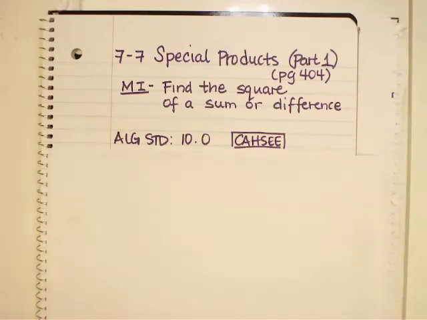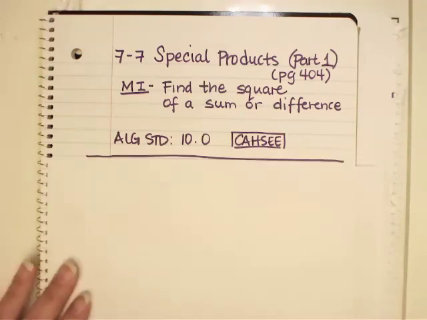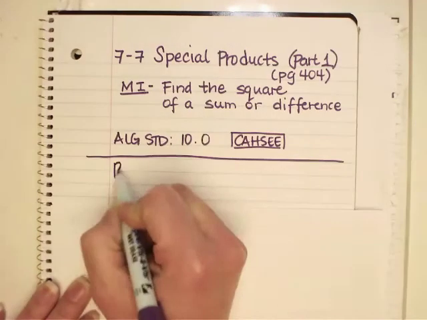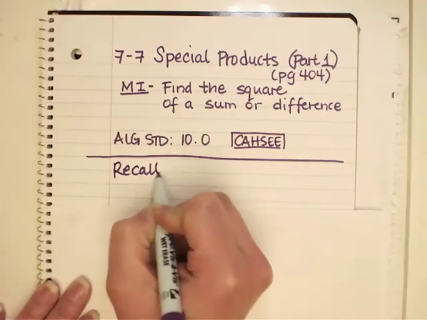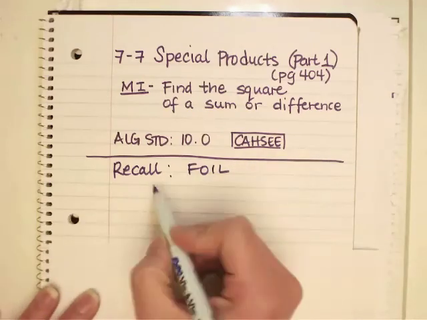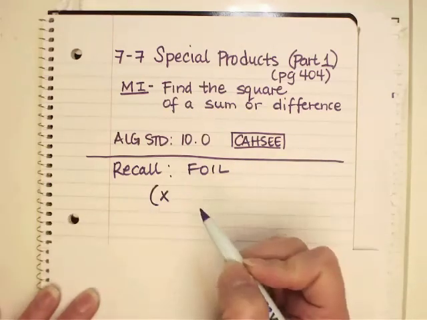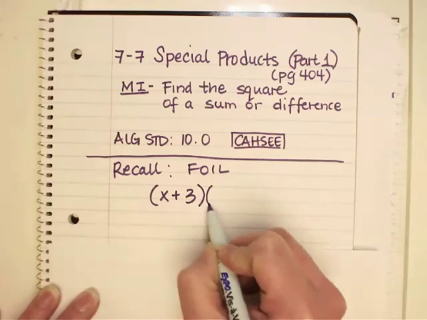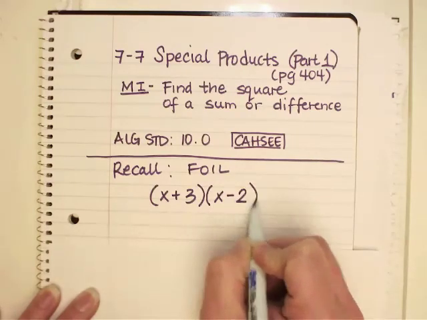So let's go back a little bit to yesterday or previously when we covered FOIL. That was the product of two binomials. So recall a problem that required FOIL, and it looked like this: the product of two binomials, x plus 3 times the quantity x minus 2.